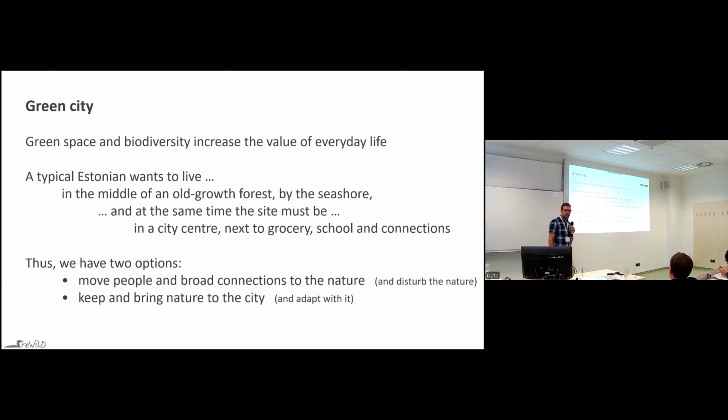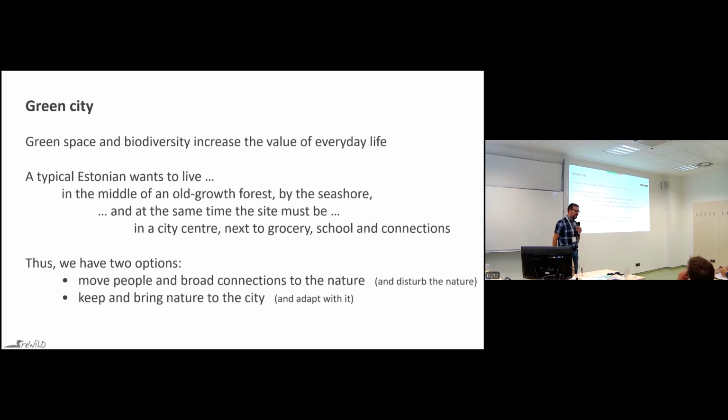According to Statistics Estonia, the typical Estonian wants to live in the middle of an old forest by the seashore, but at the same time not far from the city center, next to the grocery, good roads, and so on.